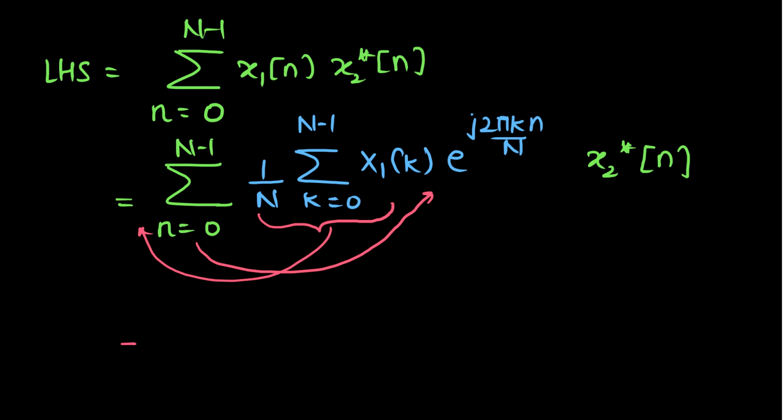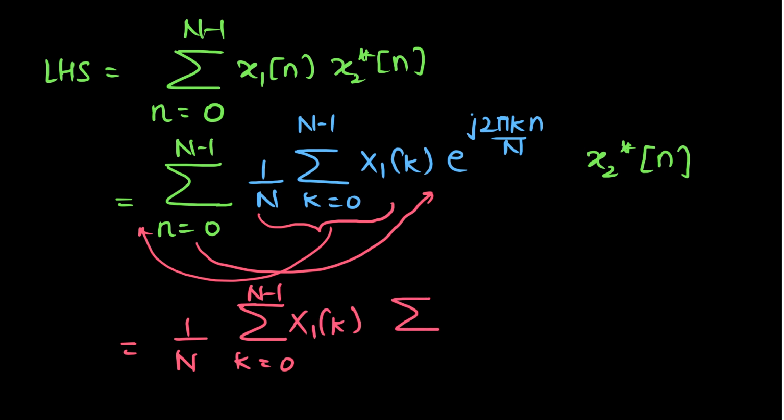Just rearranging, we get 1 by N summation k running from 0 to N minus 1 X1 of k multiplied by summation n running from 0 to N minus 1 x2 conjugate of n into e to the power j 2 pi kn by N. So this LHS is equal to 1 by N summation k running from 0 to N minus 1.